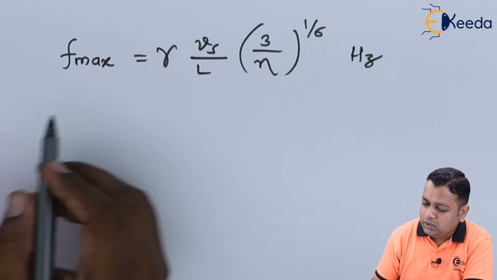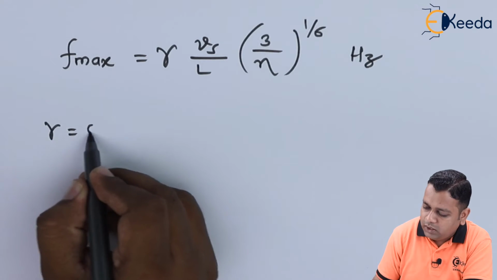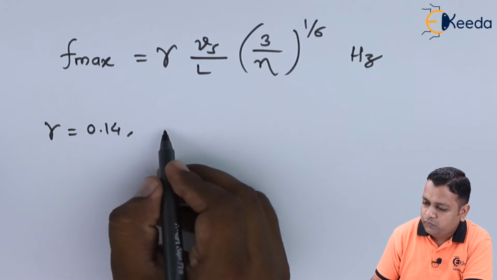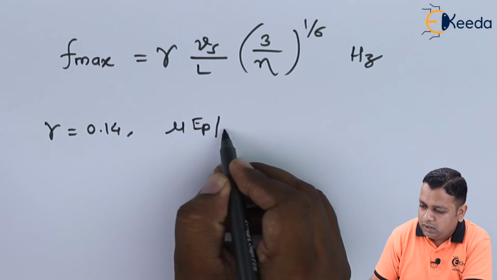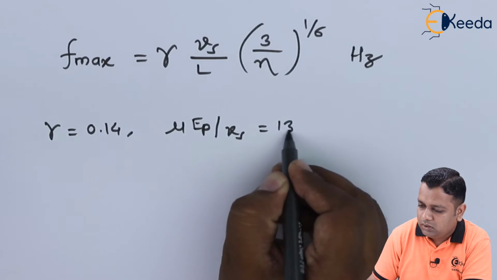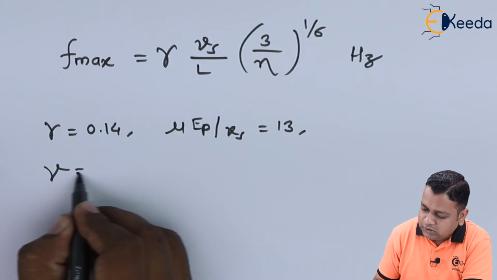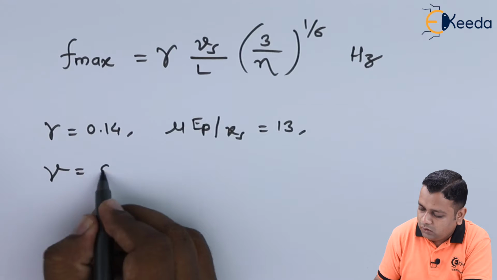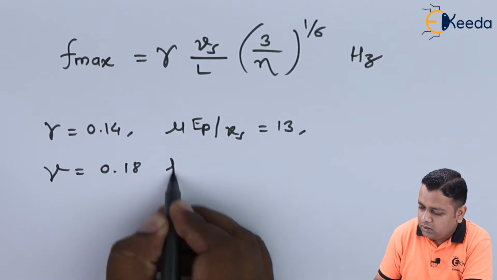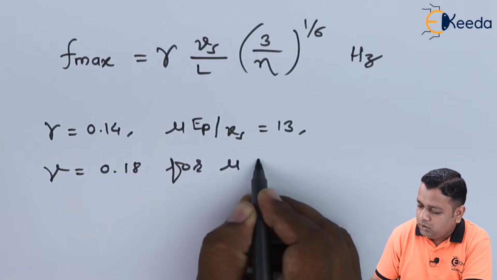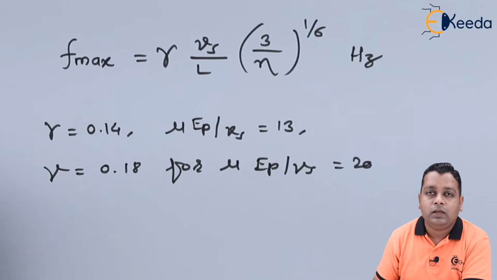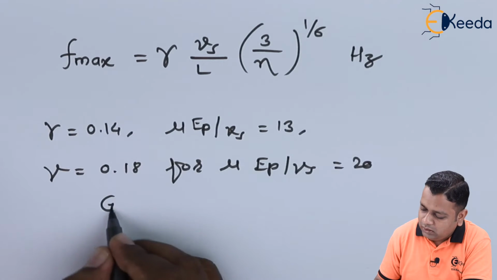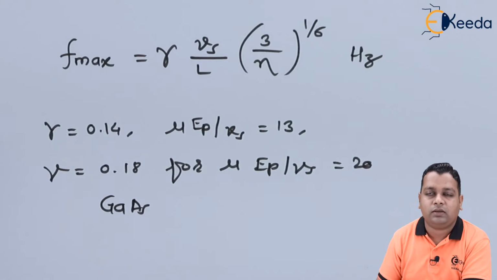Here gamma is 0.14 for mu into E_P divided by V_s equal to 13, and gamma is 0.18 for mu into E_P divided by V_s equal to 20, in the case of the material gallium arsenide.